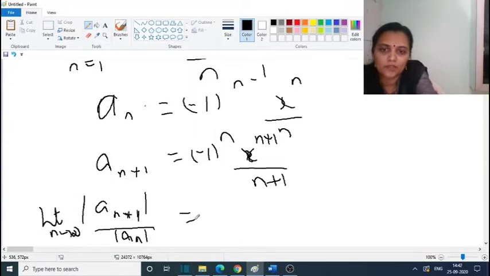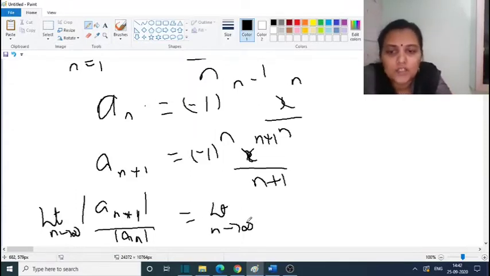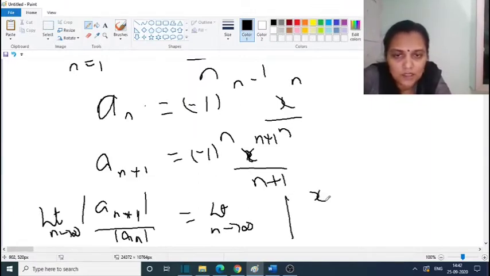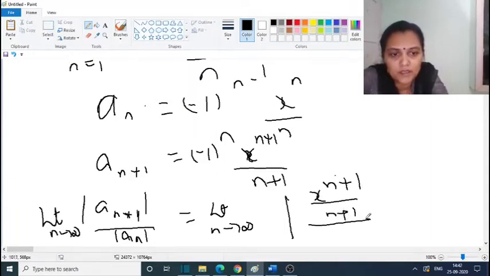We are using the ratio test. We can leave the minus 1 raised to n, since when we take the modulus it becomes plus. So this becomes x raised to n plus 1 by n plus 1 by x raised to n by n.